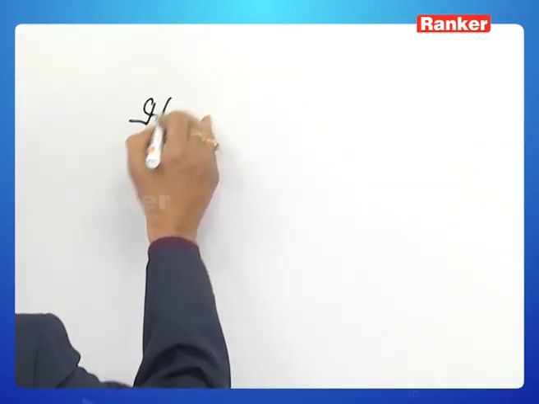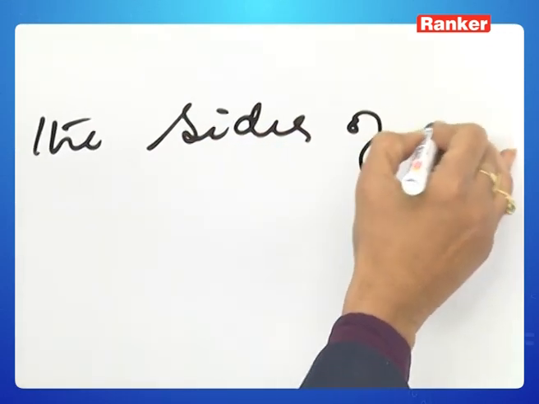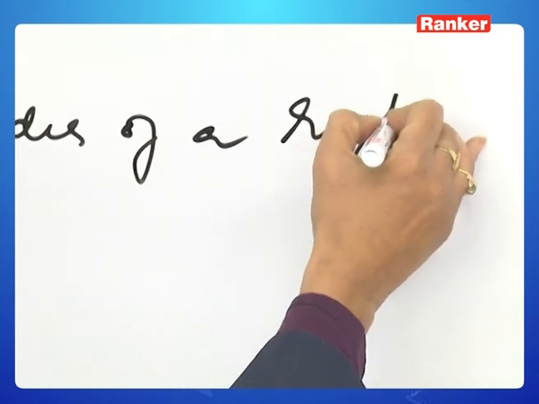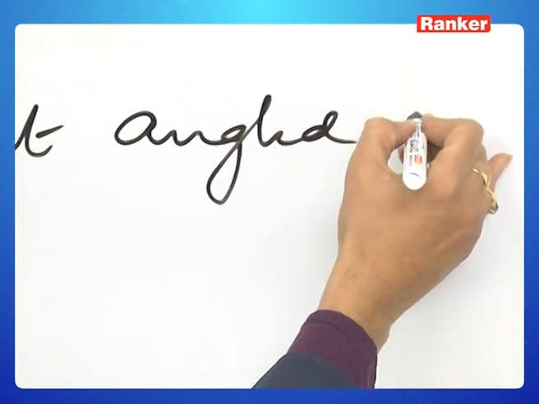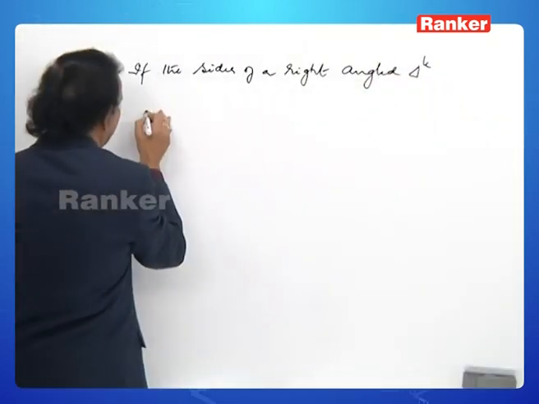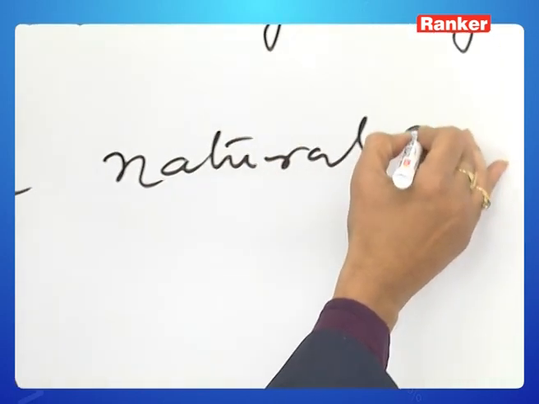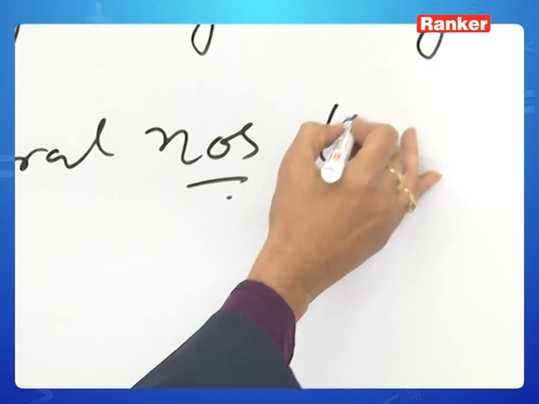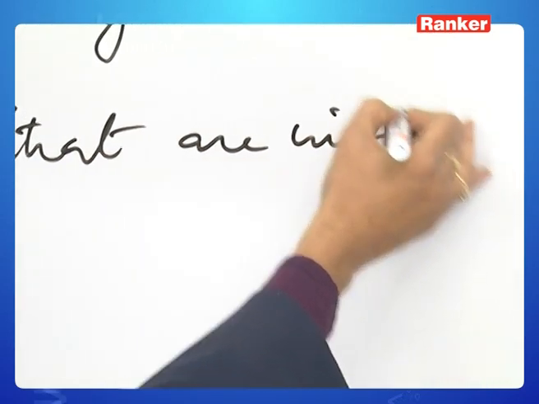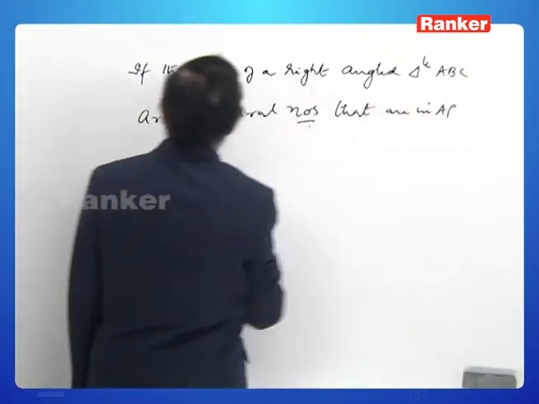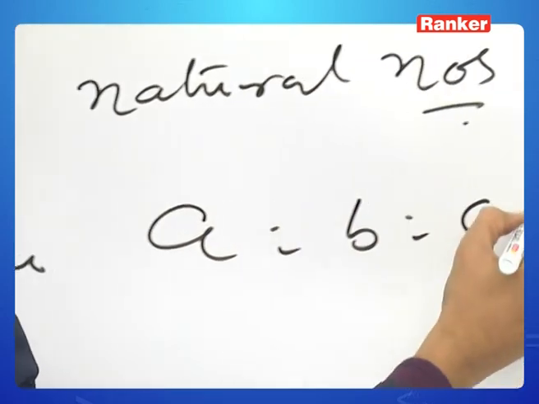If the sides of a right angled triangle are natural numbers that are in AP, then a is to b is to c is equal to.